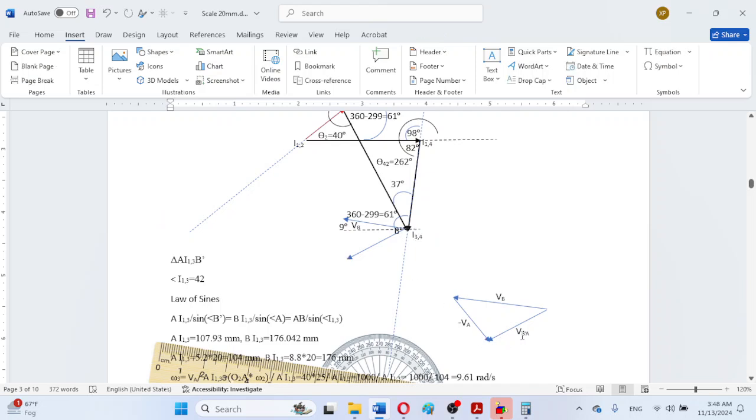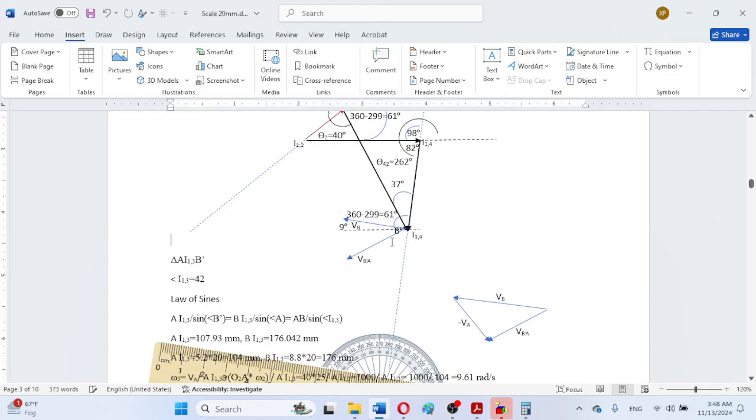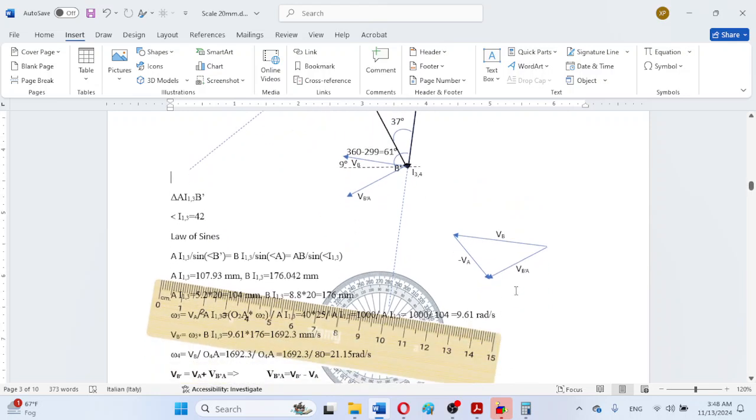So I can again copy this label and paste it there, move it there, here. So as we can observe, this vb dash is exactly perpendicular on this link, so that means our diagram is quite clear. And after that we will only be measuring the length of this vector according to scale.